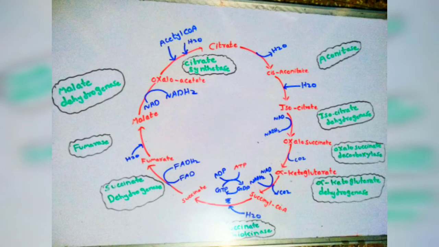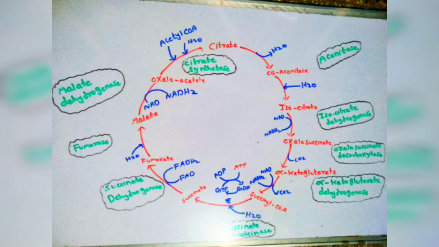In this reaction there is dehydrogenation as well as decarboxylation. That means there is removal of hydrogen as well as carbon dioxide. Since there is removal of hydrogen, there will be someone to accept it.